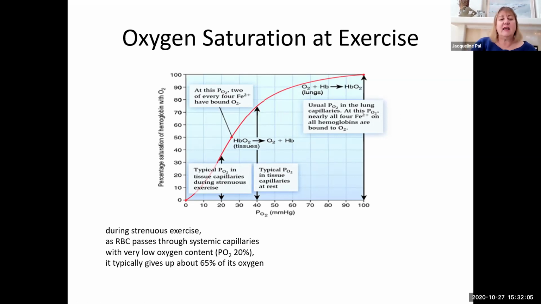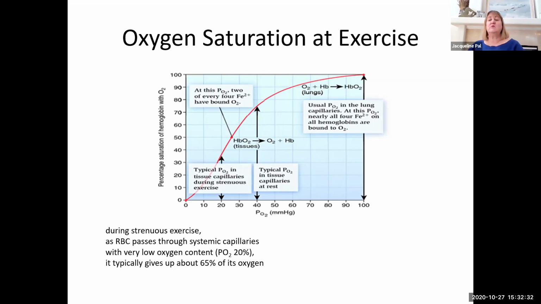If we take that 20 value for the PO2 and see where it intersects the red line, you will see it intersects with only about 35% of the oxygen still being attached to the hemoglobin. In other words, when you're exercising, your red blood cells are giving up more than the one oxygen per hemoglobin that they give up at rest.